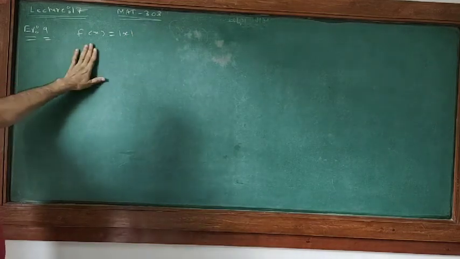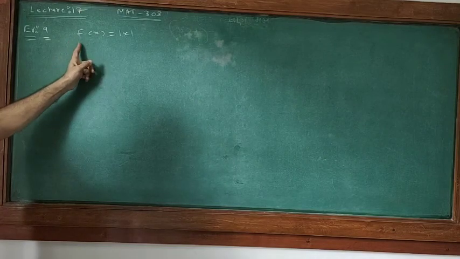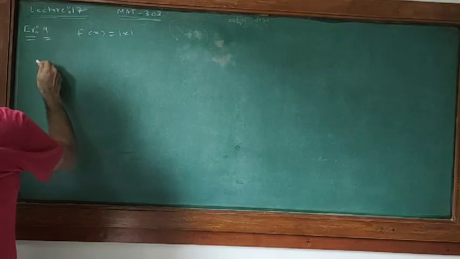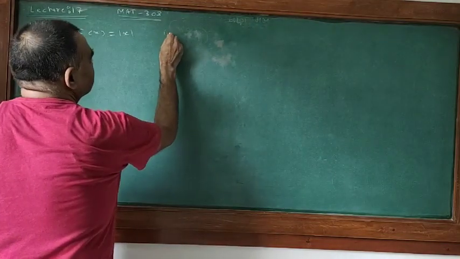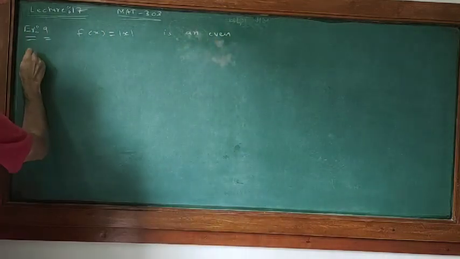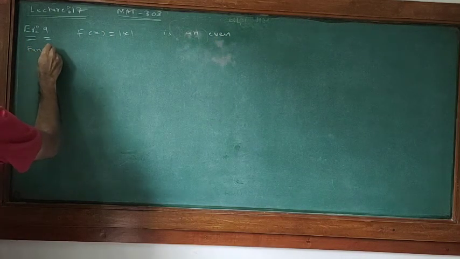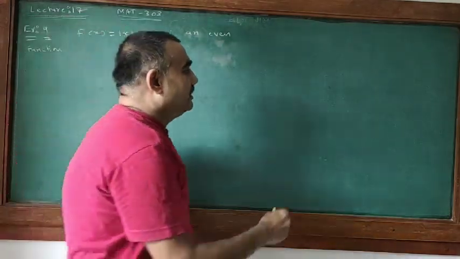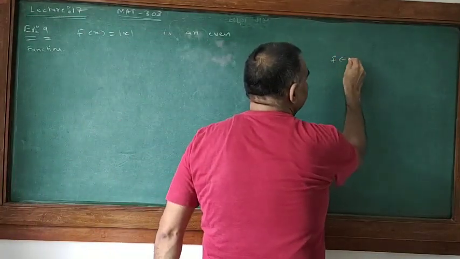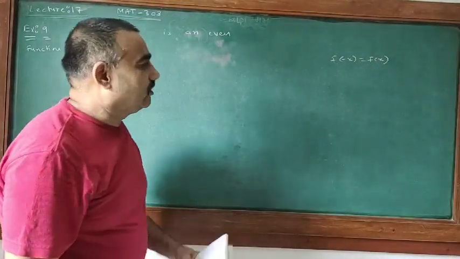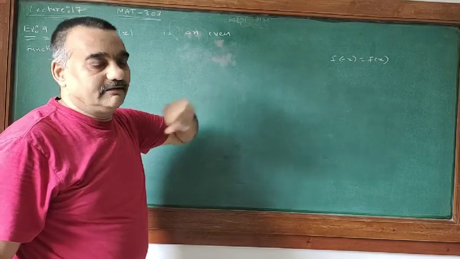We start with f(x) equal to mod x. This is an even function. You are very well aware that f of minus x equal to f(x), then we call such a function an even function.